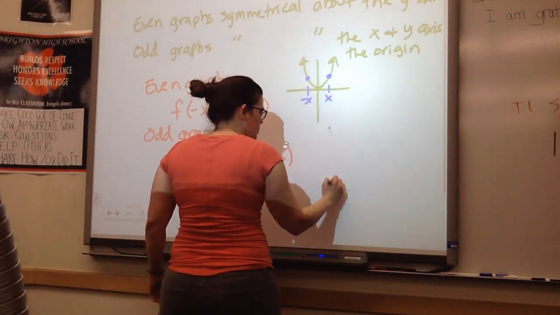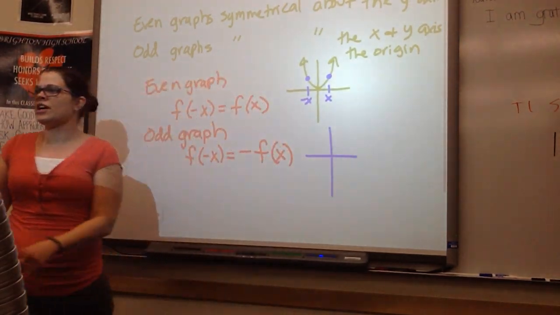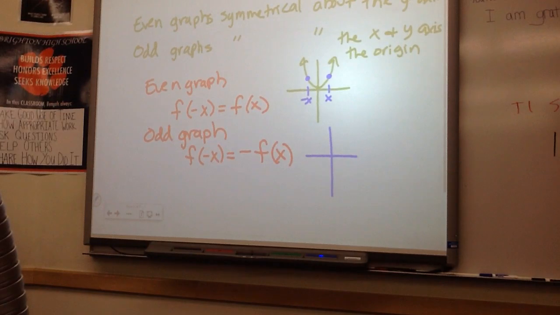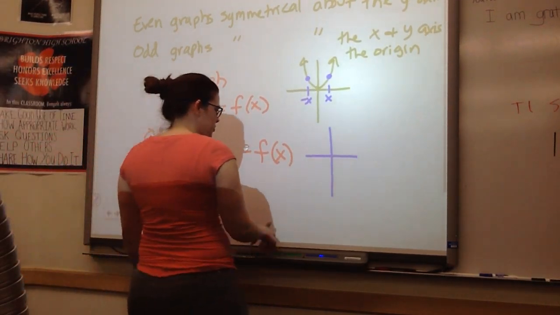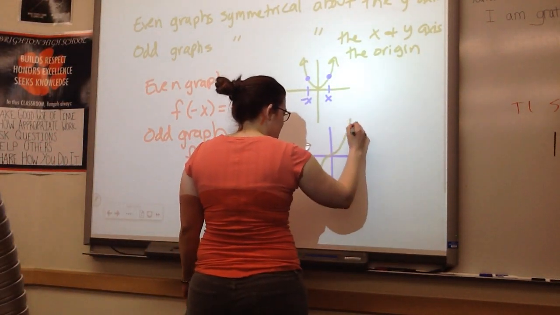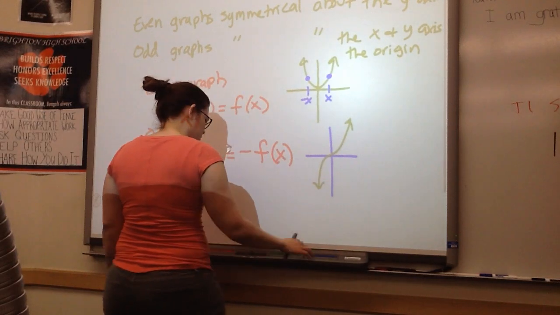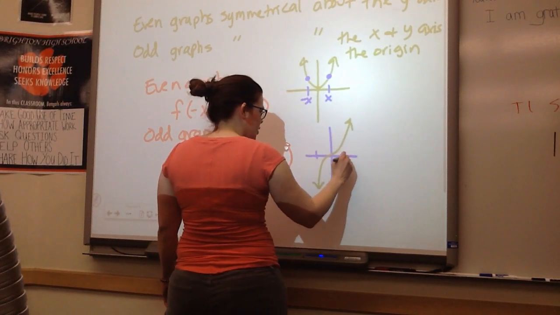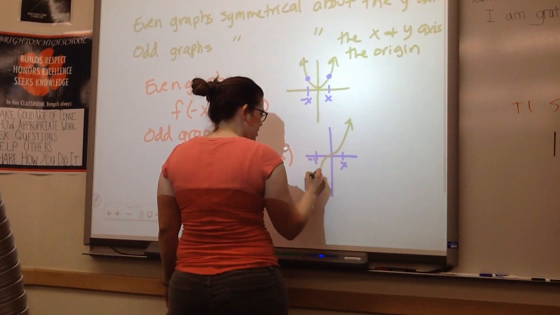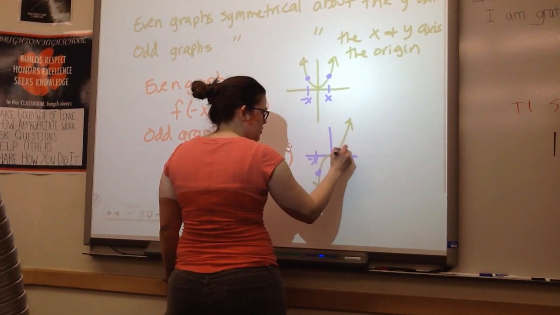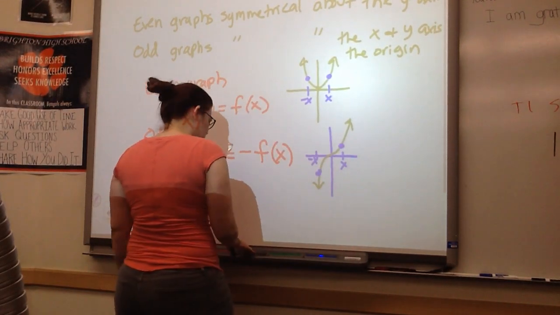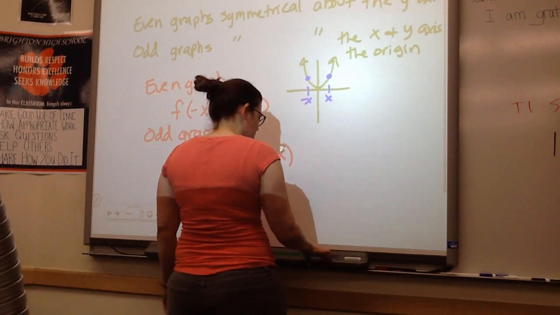graph, one of the odd graphs that we've looked at is a cubed function, the original one without it being transformed. Oh, that was kind of a bad drawing, but. So this is positive x and this is negative x. Well, let's try that picture again.